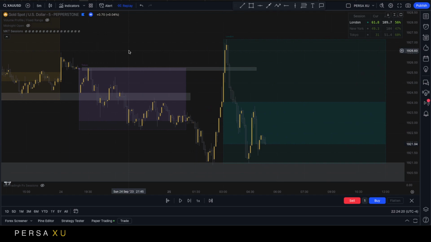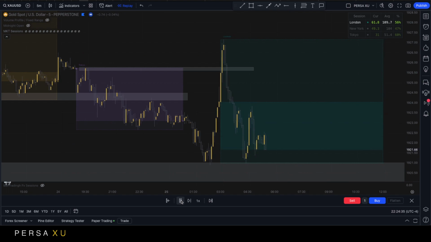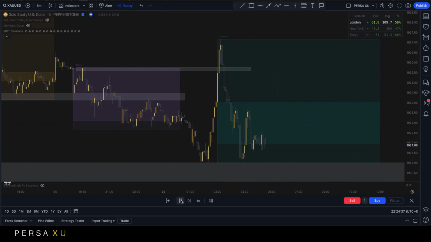So what do you think New York is going to do when it opens? Definitely retest some highs, knowing that it wants to go down. Grab liquidity, grab a better entry.